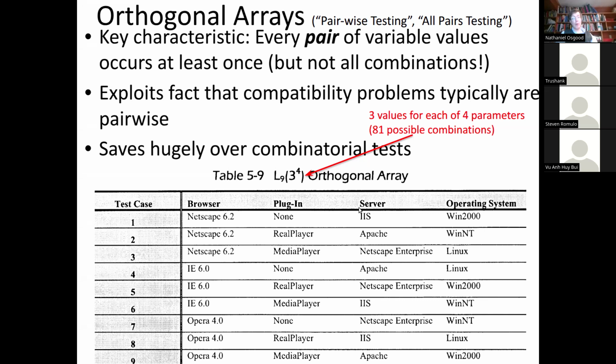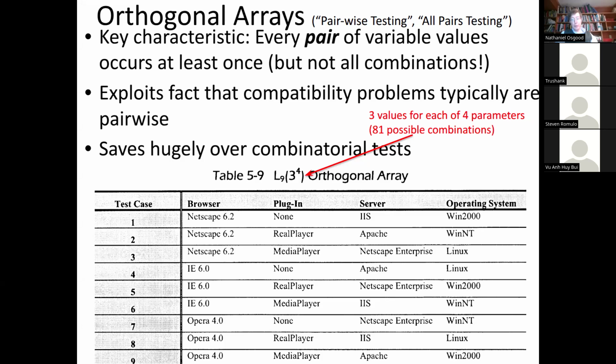So maybe you have an operating system for a server, you have a browser, and you have possible plugins, where a given plugin could exist with different browsers, and different browsers could exist with different server types and different operating systems.